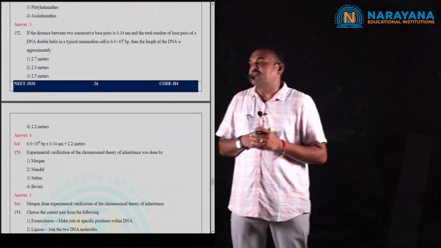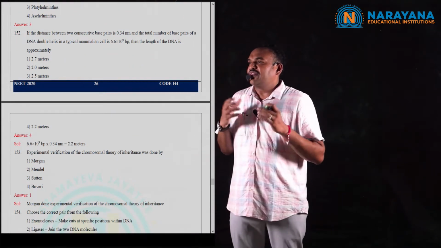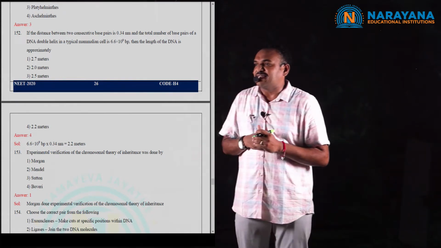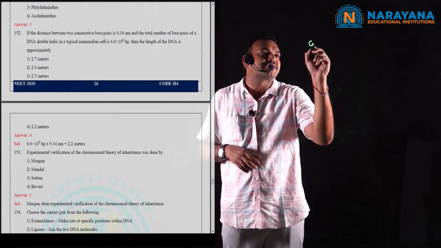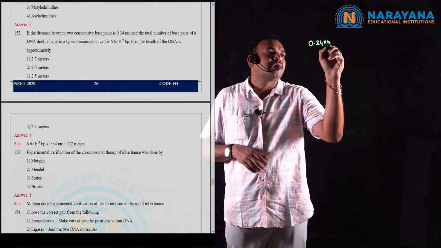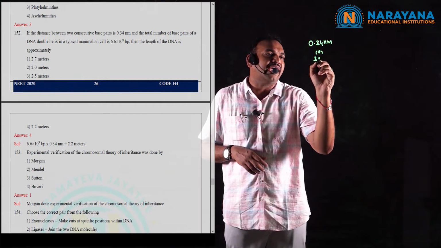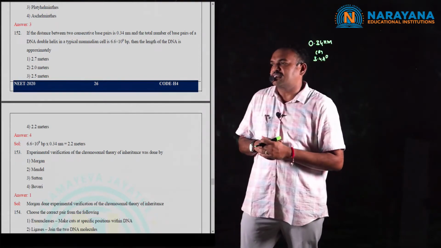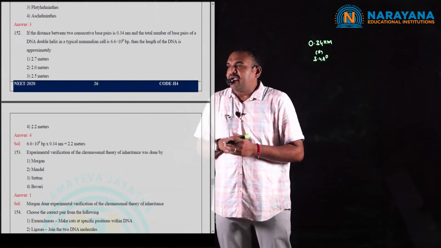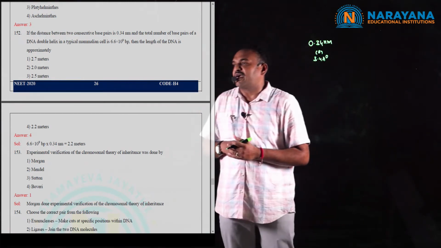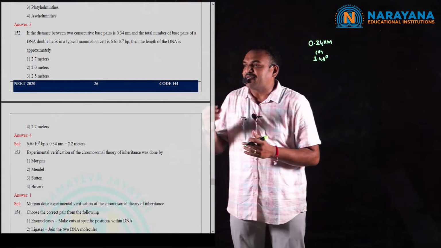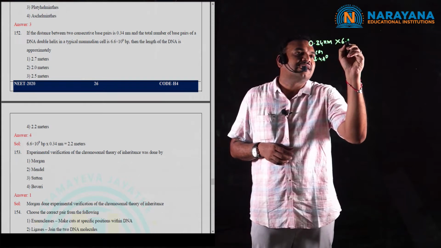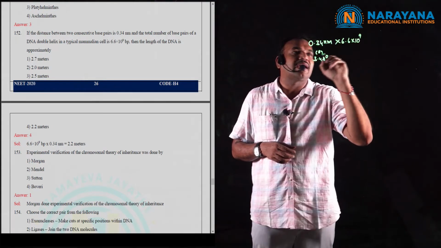And question number 152. If the distance between two consecutive base pairs is 0.34 nanometers, or in terms of angstrom units, 3.4 angstrom units, and the total number of base pairs of the DNA double helix in a typical mammalian cell is 6.6 into 10 power 9 bases.